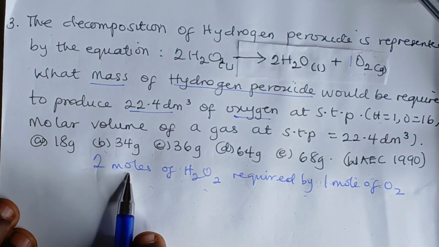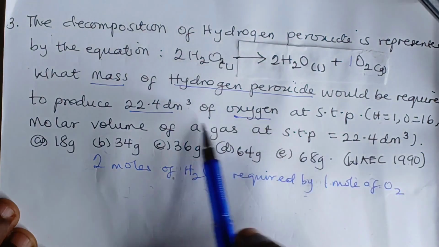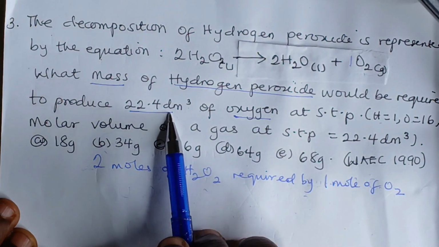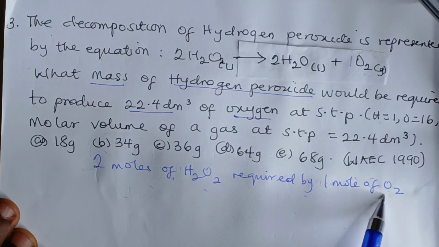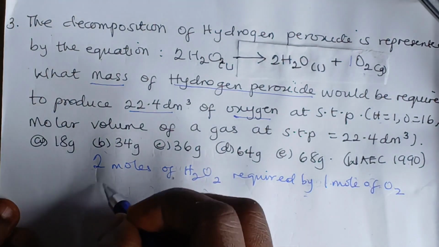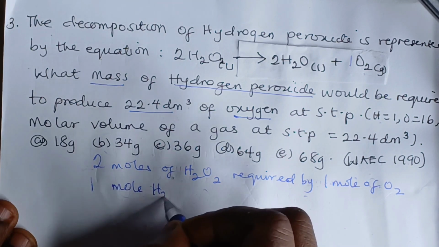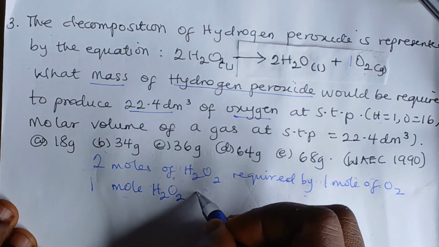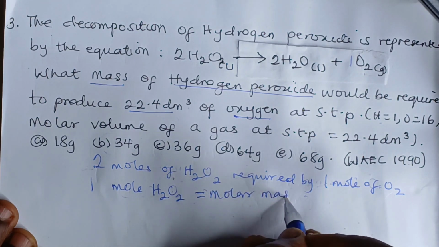But the question is asking us for the mass of hydrogen peroxide. So we need to look for a way of converting moles to mass. And for oxygen, they are asking for the volume of oxygen. So we'll convert this mole of oxygen to volume. So 2 moles of hydrogen peroxide in mass means that, and I said that 1 mole of a compound, or hydrogen peroxide, is its molar mass.